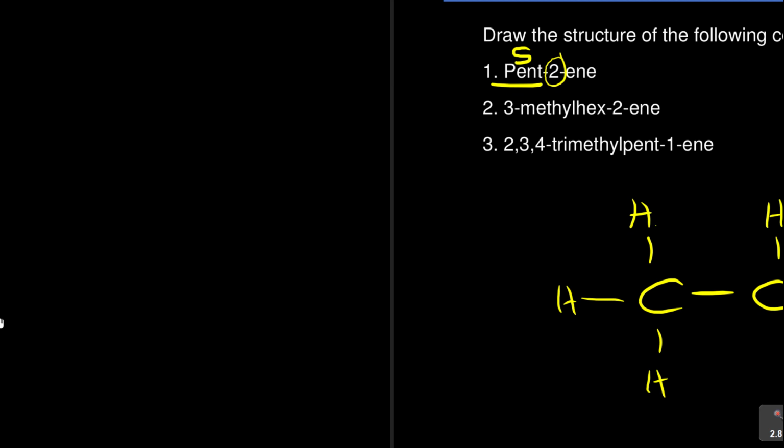3-methyl-hex-2-ene. Hex is the parent chain. Hex is what? 6. So it's going to be 1, 2, 3, 4, 5, 6. Whenever you're drawing your own structure, it's better to go in this direction so that you don't confuse yourself. But it says hex-2-ene, so it's carbon 1, carbon 2, I must have the double bond.